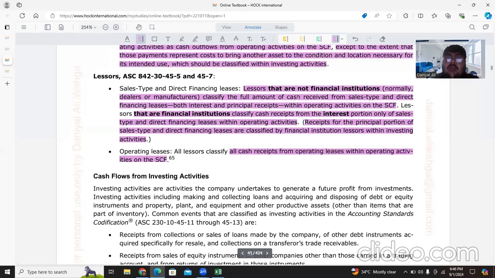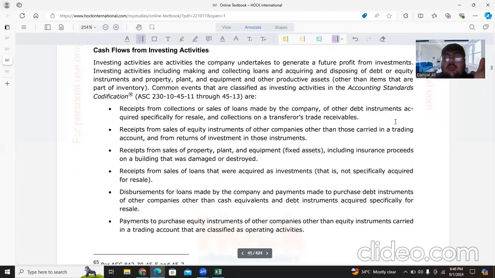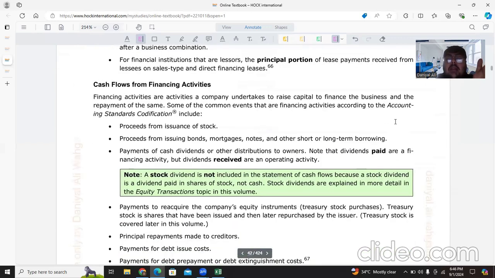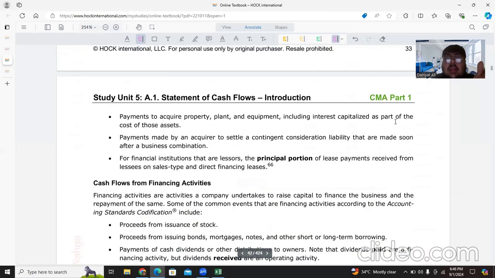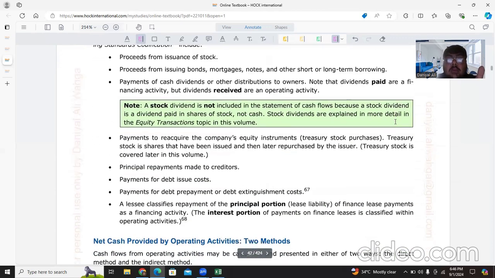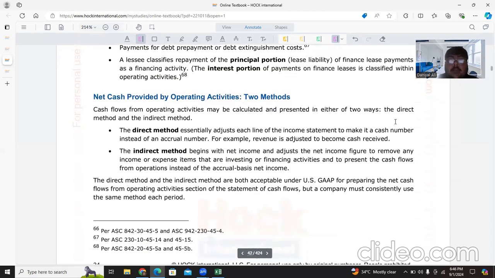Now we have cash flow from investing activities. You again have a list of instruments available. I made a list previously in Excel as well, but now you can see a list for financing activities also available. You have two methods already explained to you.